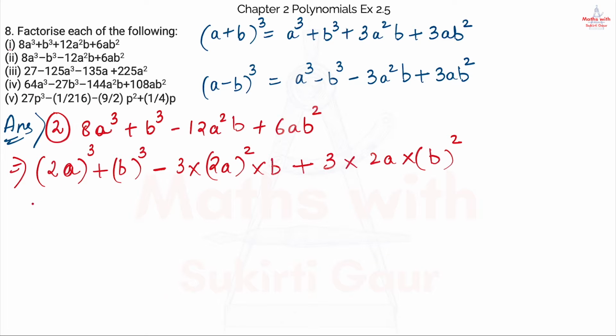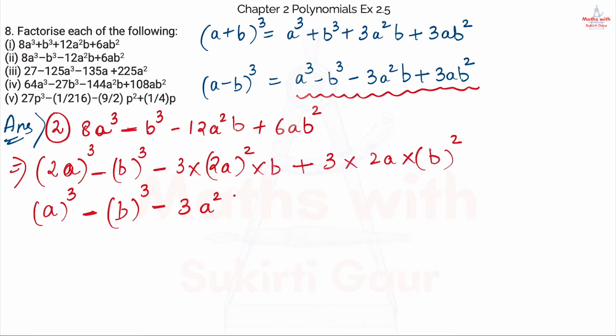If we compare this with the expansion of (a minus b) whole cube, you will see this is in the form of a cube, sorry, here it was negative, so a cube minus b cube minus 3a square b, where a is 2a according to the question, plus 3ab square.